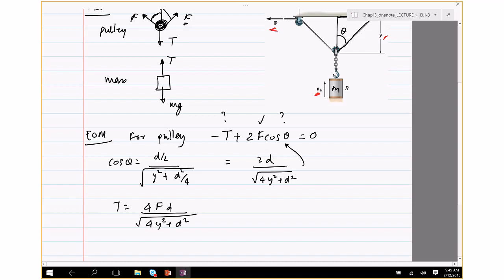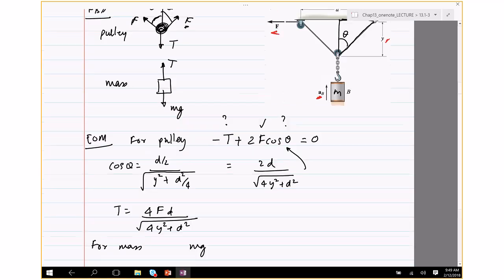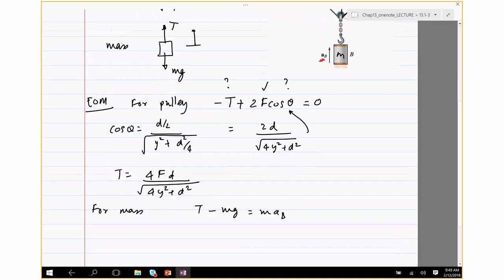Okay, now I can write the equation of motion for mass m. The mass is moving upwards, right? So T is positive because it's upward, mg is negative because it's downwards, and equals m times a_B. I know T because I just solved for it.